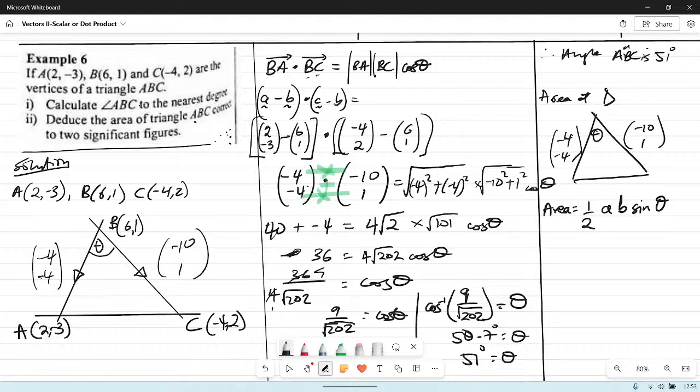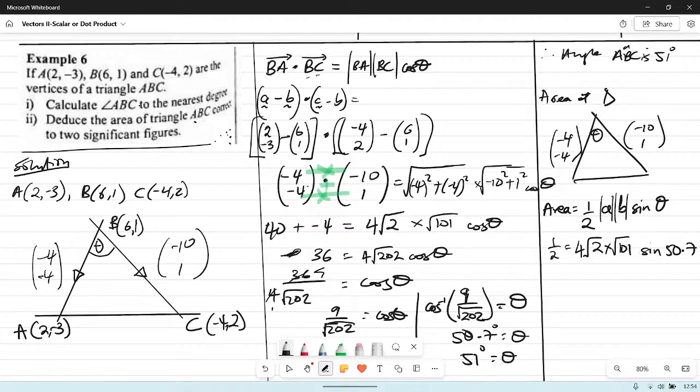In terms of magnitude though, because we are dealing with distances. So the magnitudes are 4 root 2. So half times 4 root 2 times root 101 sine theta. The theta is, don't use the 51, use the 50.7. Otherwise, it will approximate your answer. Are we okay?